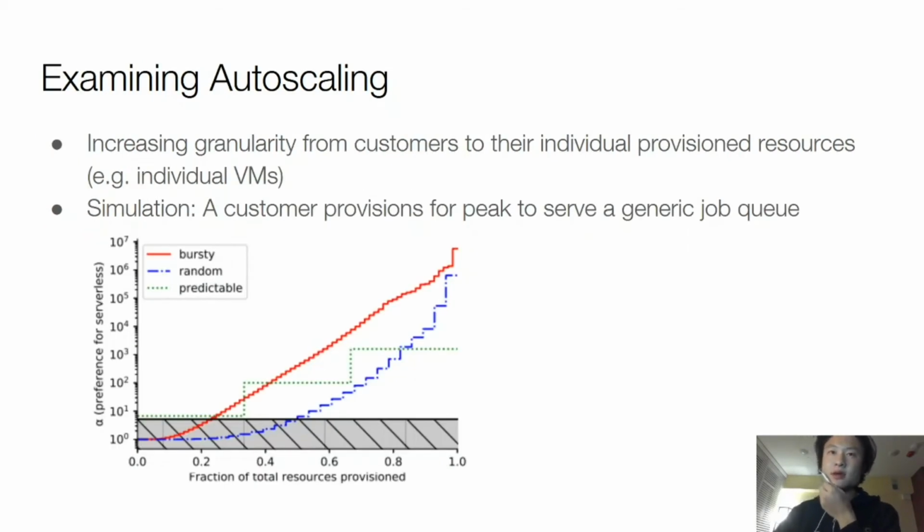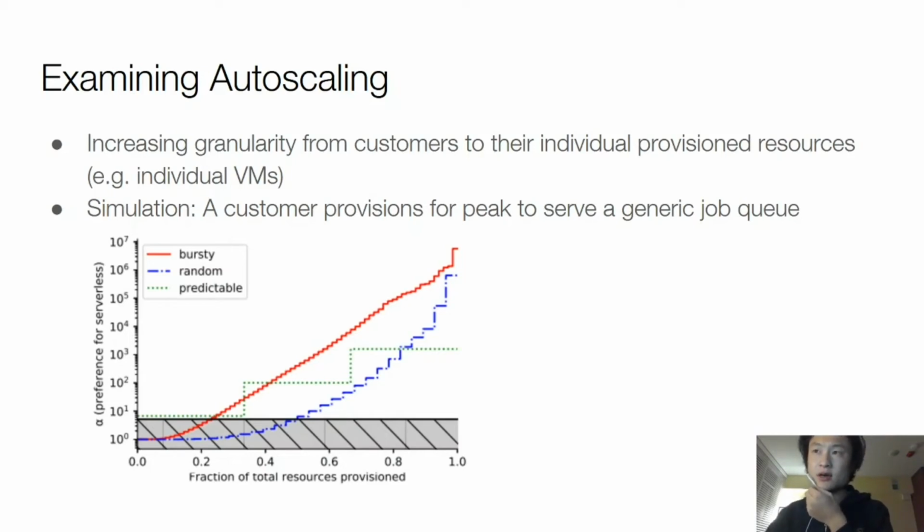In addition to looking at the value of alpha for individual customers, we can increase the granularity further and look at the value of alpha for the individual resources that a customer is provisioning to accomplish some task, such as individual VMs. And by doing so, we can start to talk about the value of autoscaling.